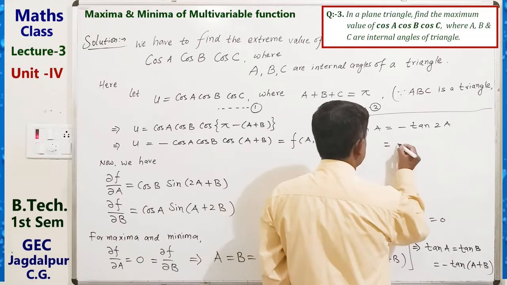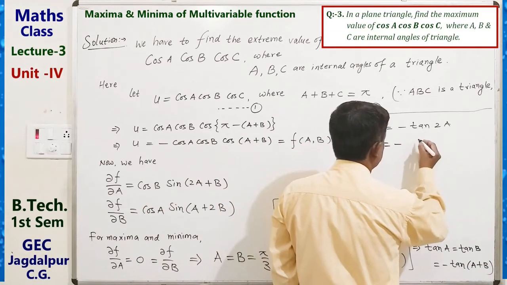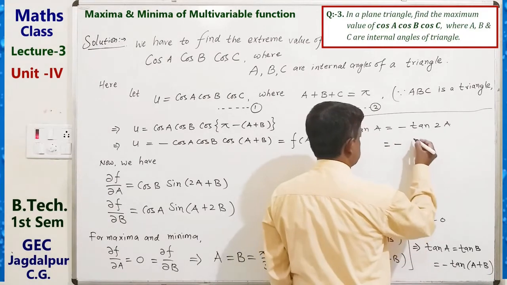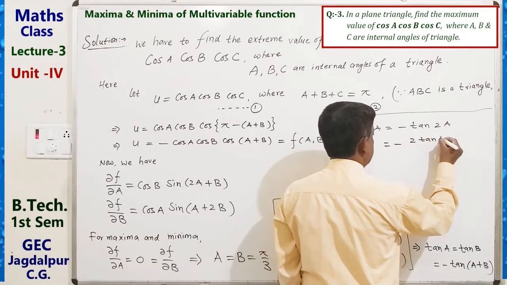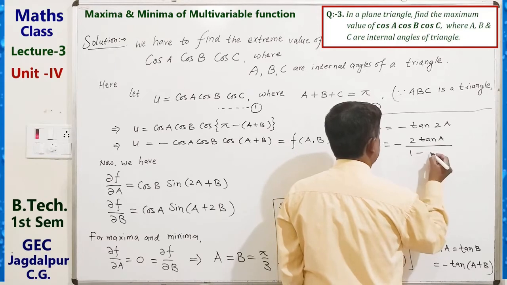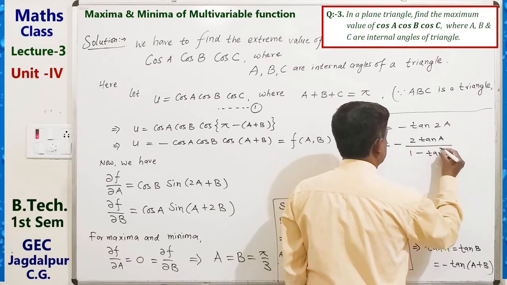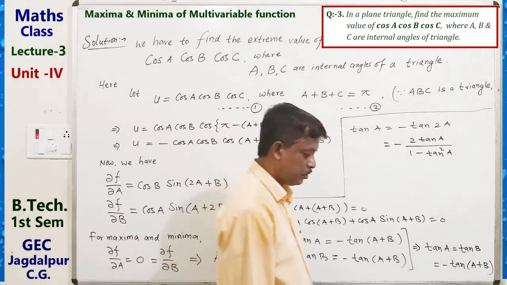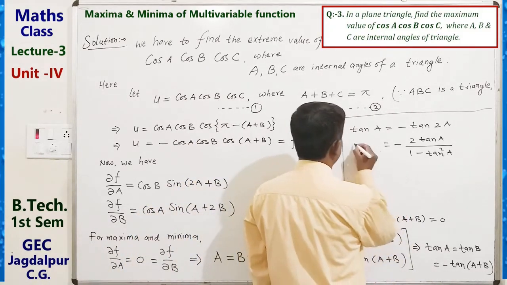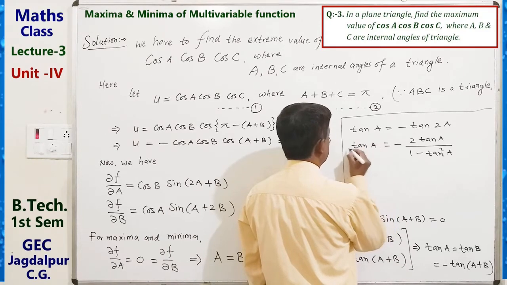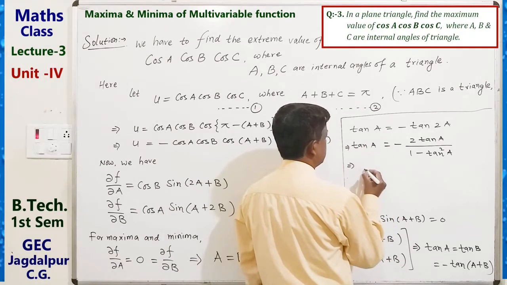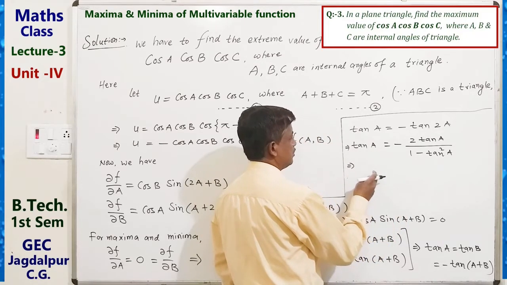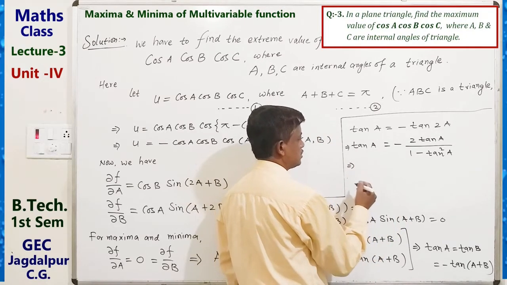So this equals minus tan 2a. Tan 2a formula is 2 tan a by 1 minus tan squared a. By solving this we can get the relation.